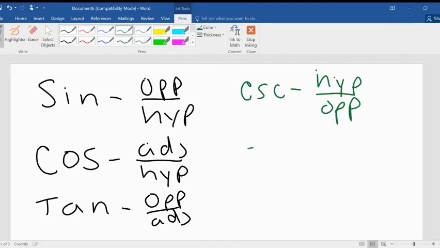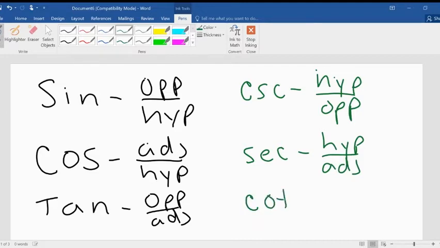You have secant, SEC, the reciprocal of cosine, and that is hypotenuse over adjacent. And then we have cotangent, COT, which is the reciprocal of tangent, and that's adjacent over opposite.